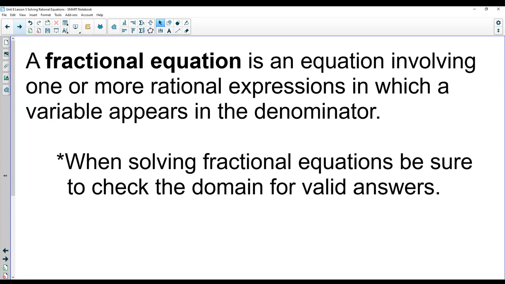So that means that we have some restrictions on our domain, right? There's a possibility of us solving these fractional equations and getting answers that are restrictions on the domain. So we have to check those as we are walking through our equations and solving them.